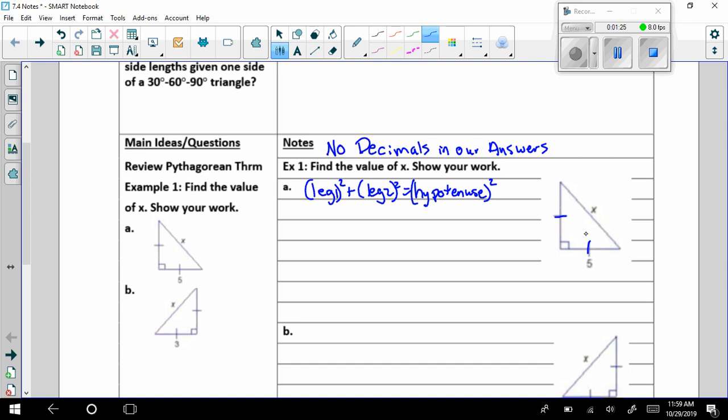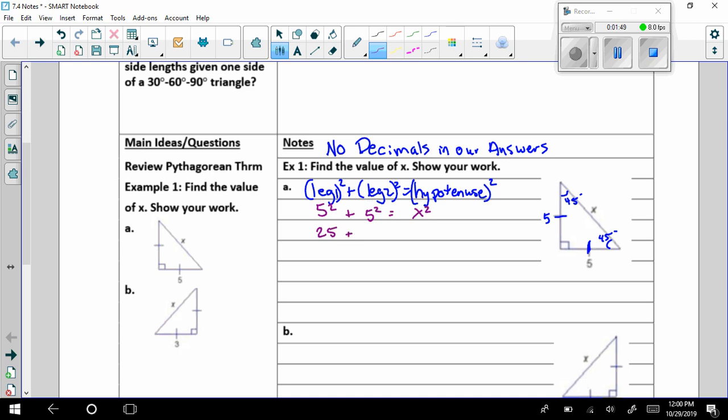Because this is isosceles, we know those base angles are the same. So this is a 45, 45, 90 triangle. And because this is 5, we know that this is also 5. So we can plug those in. So we get 5 squared plus 5 squared is equal to x squared.